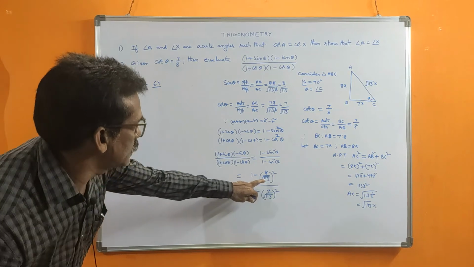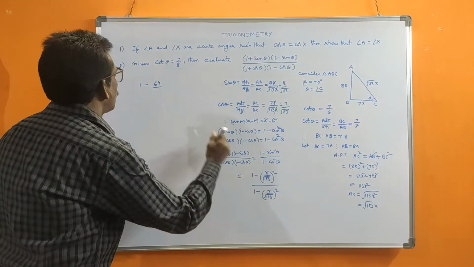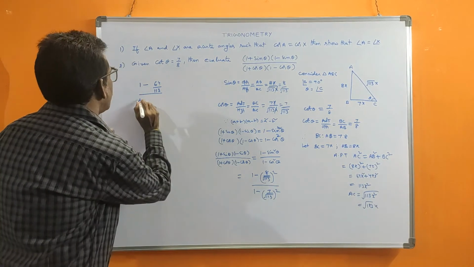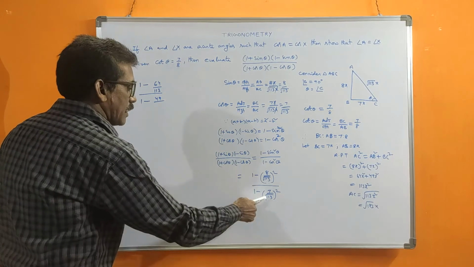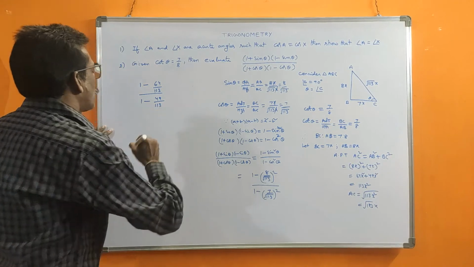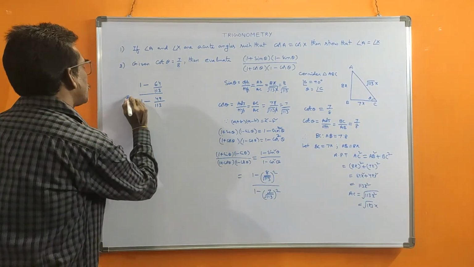So 64 by 113. Again 1 minus, 7 sevens are 49. Here also root 113 square is 113. Now you simplify this fraction.